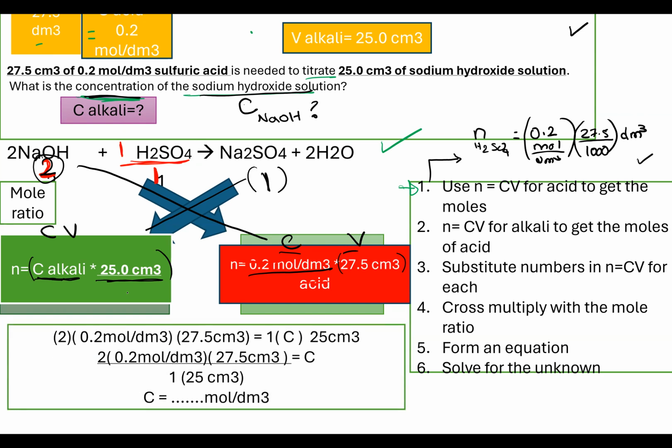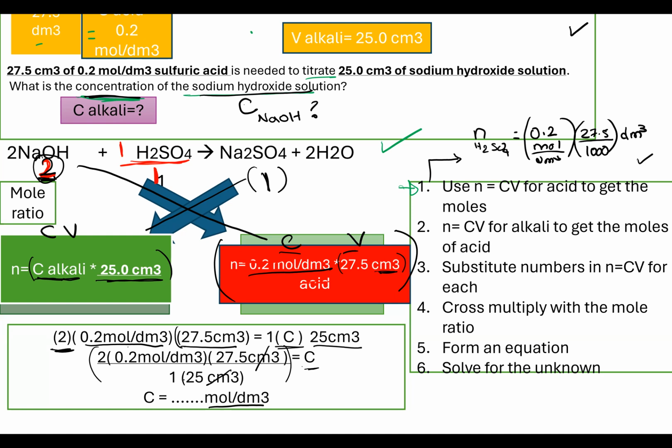So it would be 2 coming from the mole ratio times the concentration times the volume on that side, equals 1 times C times the volume. In this case, you will rearrange your equation, and then C is going to equal all of this value. And then your final answer will be in mole per decimeter cubed. Here, you didn't have to convert your volume into decimeter cubed because they will cancel out. So there is no need.